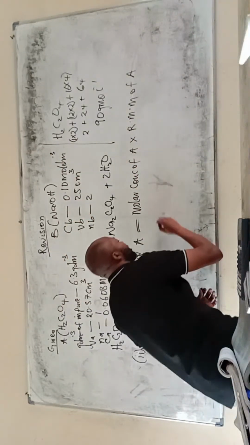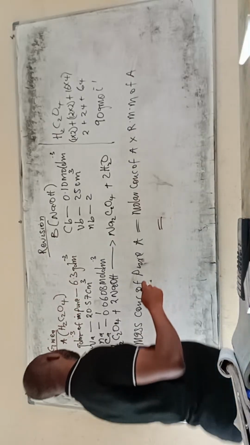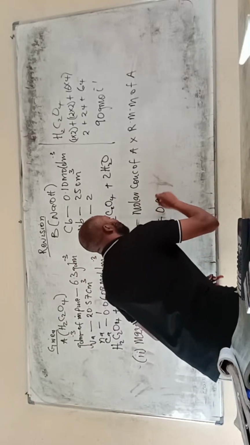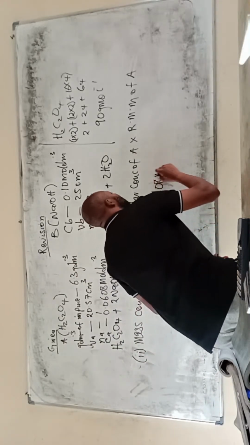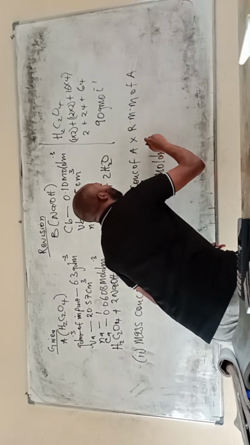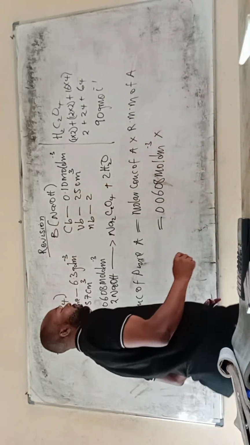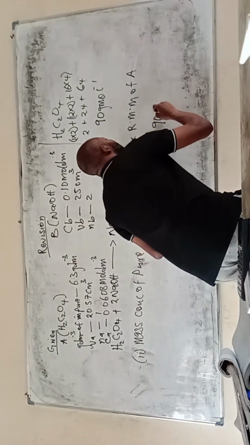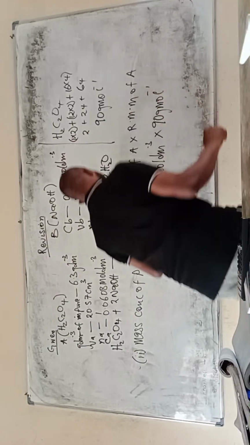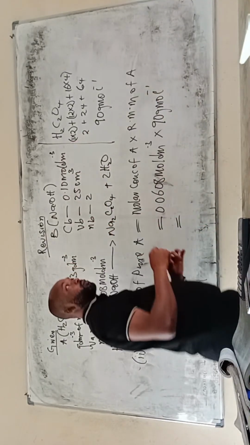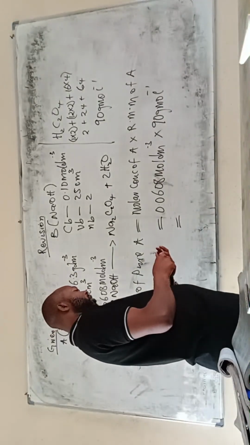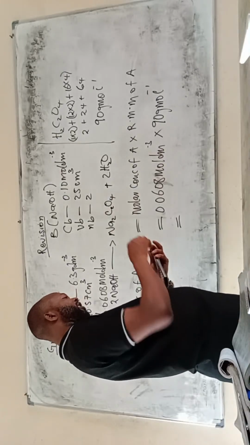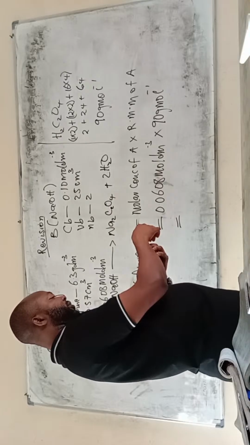So this is just by the side. So I can come back here, I have my molar concentration of the acid. Molar concentration of the acid, Ca, is 0.0608 mole per dm³ times the relative molecular mass of A, which I've gotten there, is 90 g/mol. And this is equal to, I have this times 90, 5.46 or 5.47.